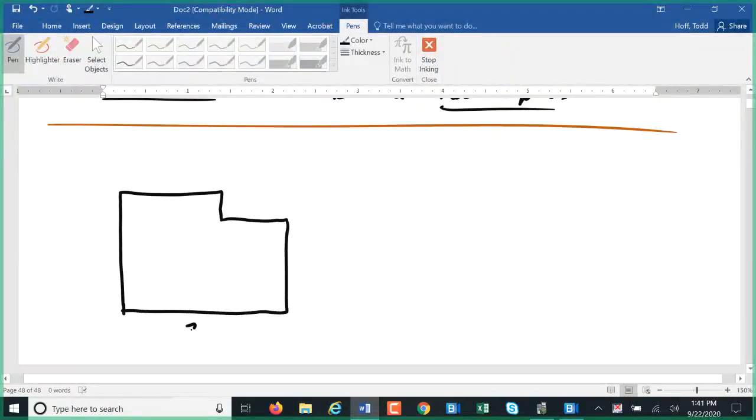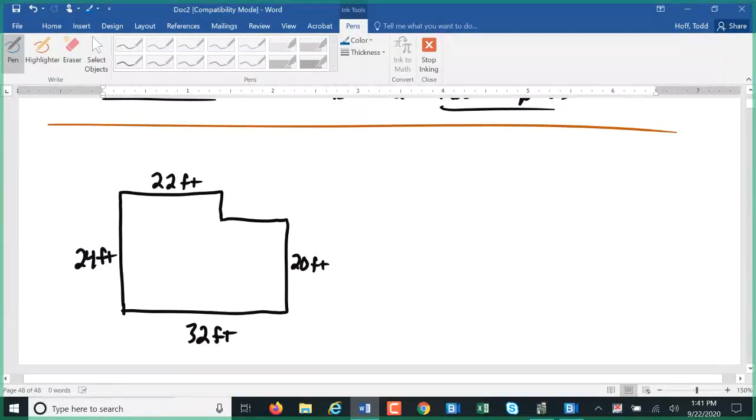So let's say we have 32 feet across here, 24 feet here, 20 feet, and up here, well, let's call it 22 feet.